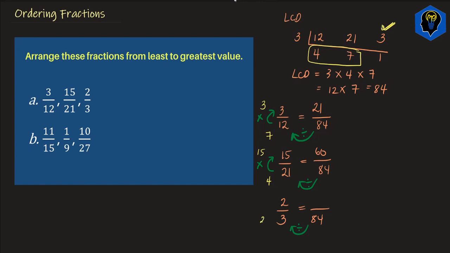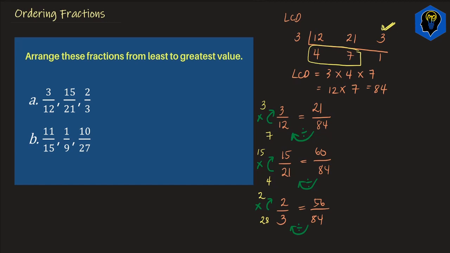That is 28. Okay, so ito ay ano lang to, dapat memorize nyo yan sa multiplication table. And then you just have to multiply it by 2. So 28 times 2 is 56. Okay, 56. So now you have 21 over 84, 60 over 84, 56 over 84.